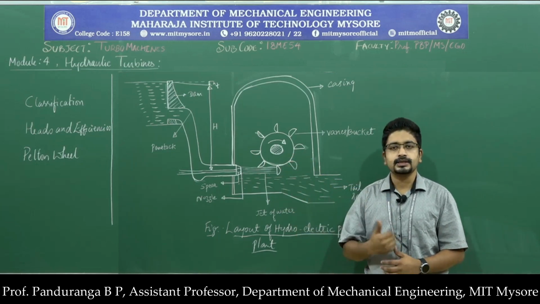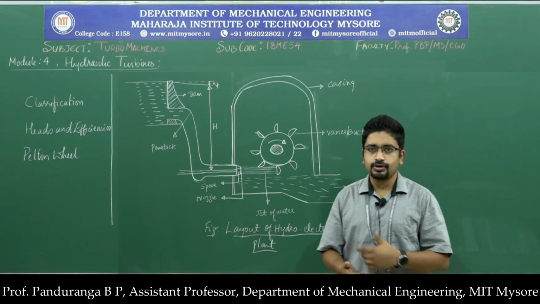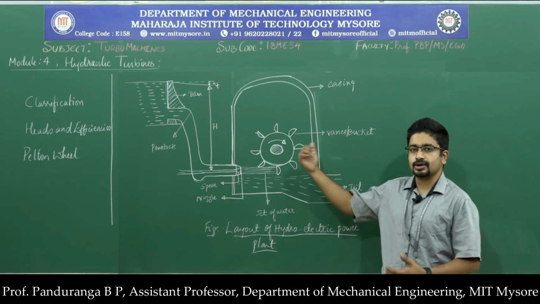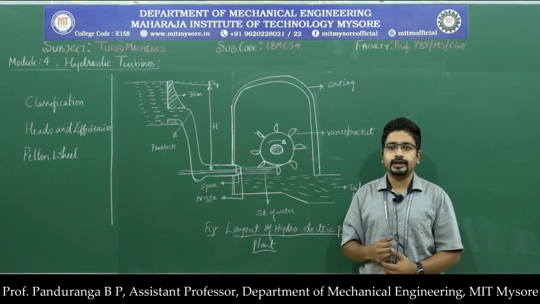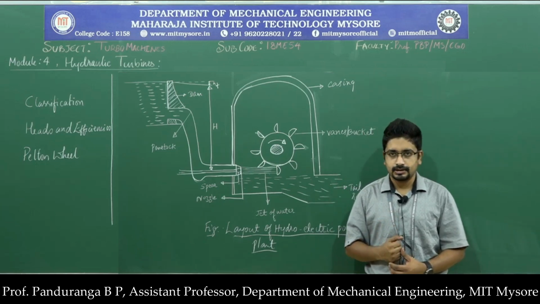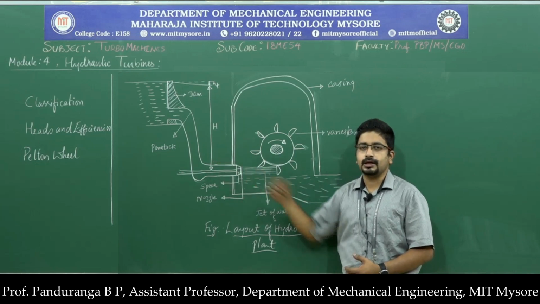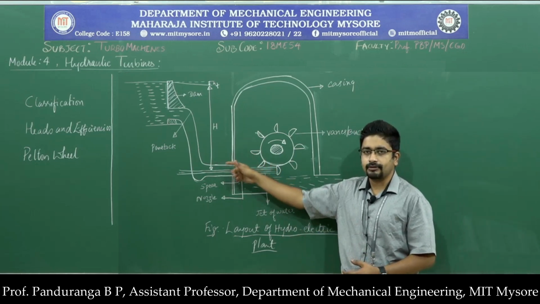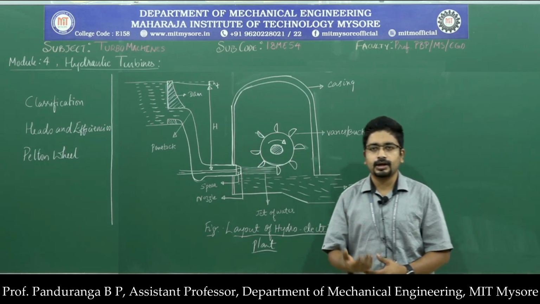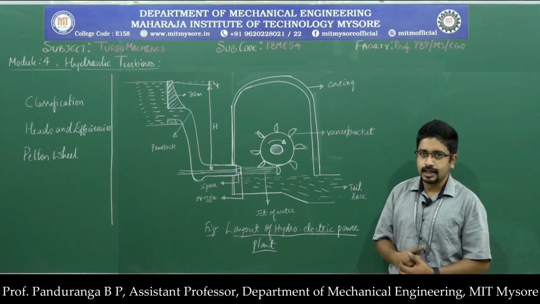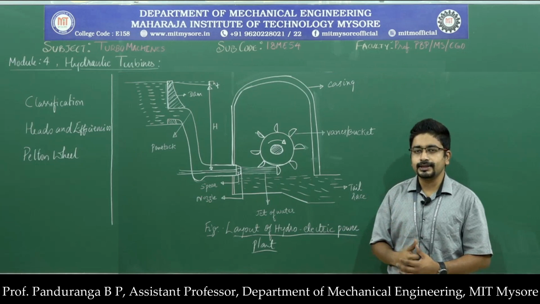So if you don't provide more energy, the increased load on the turbine reduces the speed of the turbine. But for power production, we need to maintain a constant speed. So for that purpose, we move the spear backward. When we move that backward, the amount of water coming out of the nozzle increases, and we can maintain a constant speed whatever may be the load.